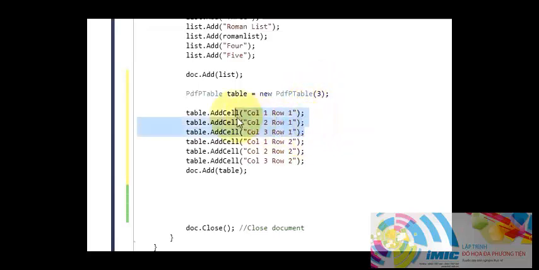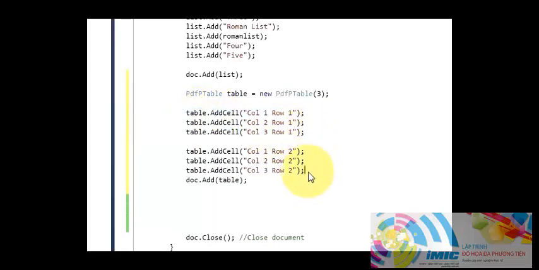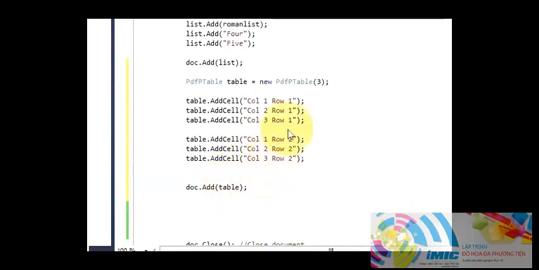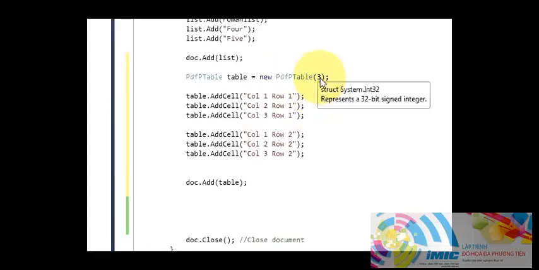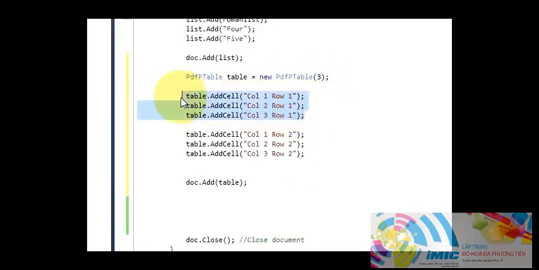So the first 3 cells will be the first row, and the second 3 cells will be the second row. And if you add 3 more cells, they will be added in the third row.